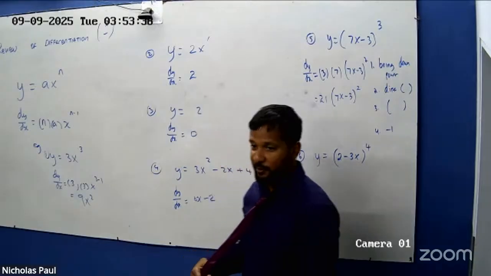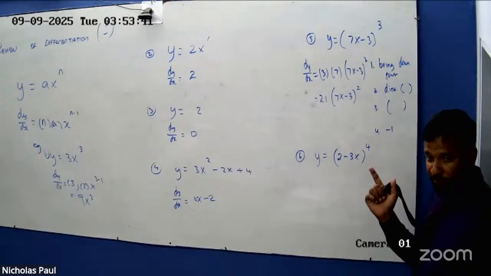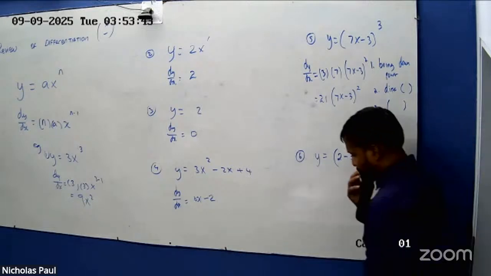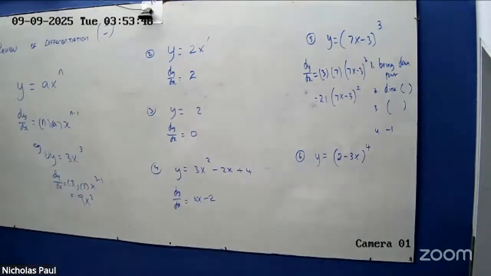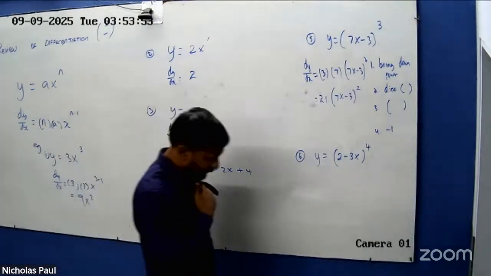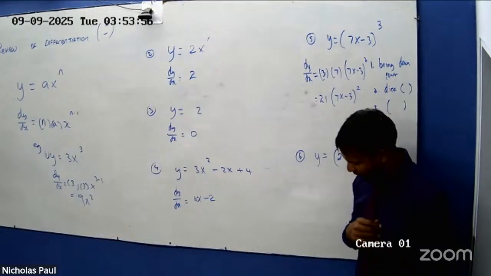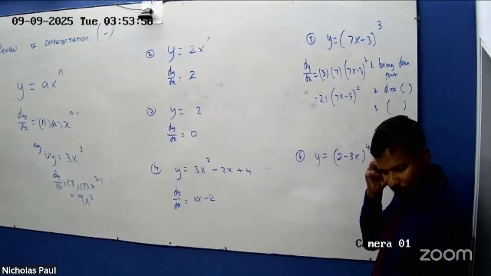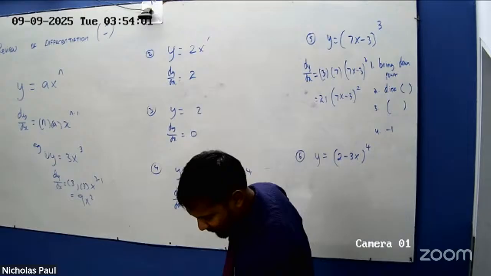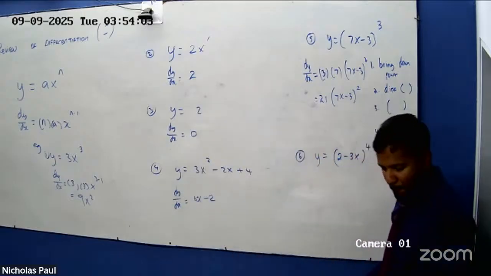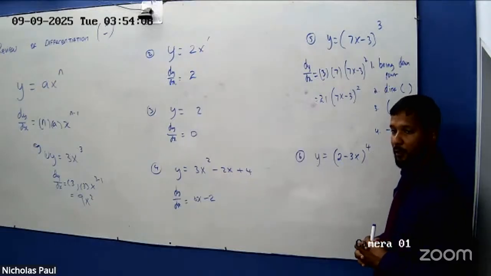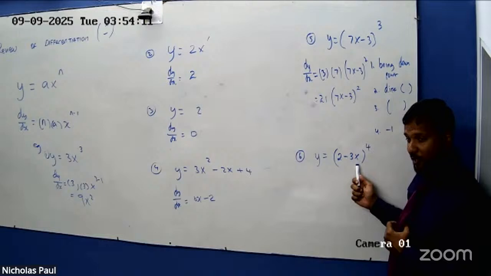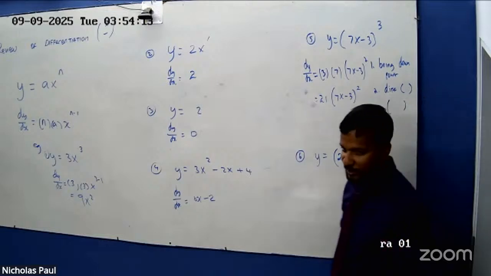Everybody has tricks already, because you have to differentiate tricks as well. Remember it is minus 3x.